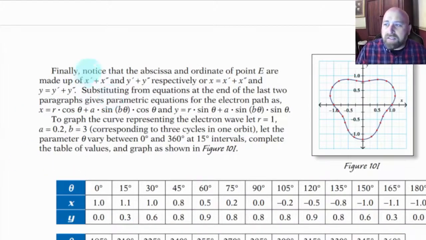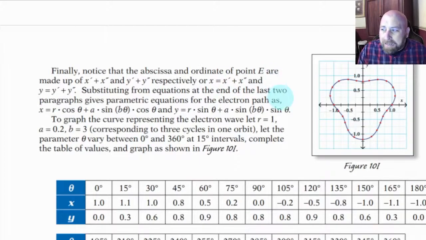Finally, notice that the abscissa and the ordinate. The abscissa is your x coordinate and your ordinate is your y coordinate. Usually we don't use abscissa and ordinate, we just say the x and the y, but sometimes the book likes to test out your knowledge there to make sure that you're paying attention.